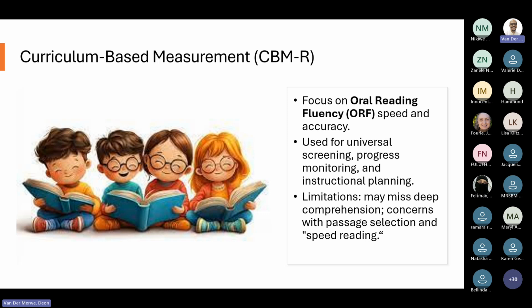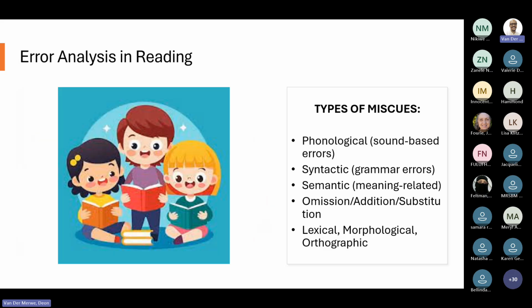to ensure fair assessments. So, keeping that in mind, we also make use of error analysis, which is all about learning from mistakes.